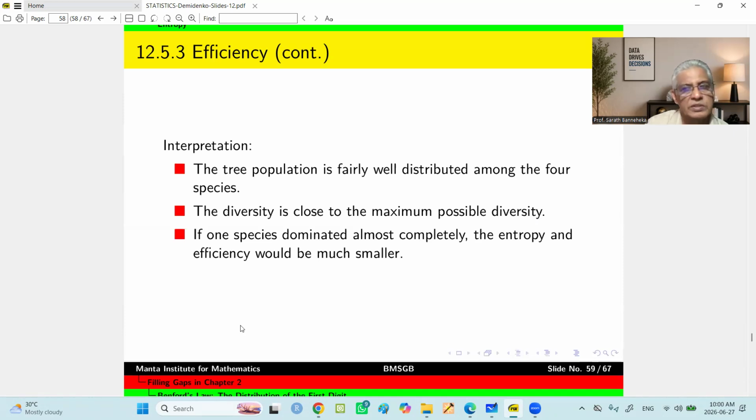Of course, two high probabilities were in two categories, but this is what you get as the efficiency in this case. The diversity is close to the maximum possible diversity. If one species was dominating almost completely, in that case entropy and efficiency would have been much smaller, right?